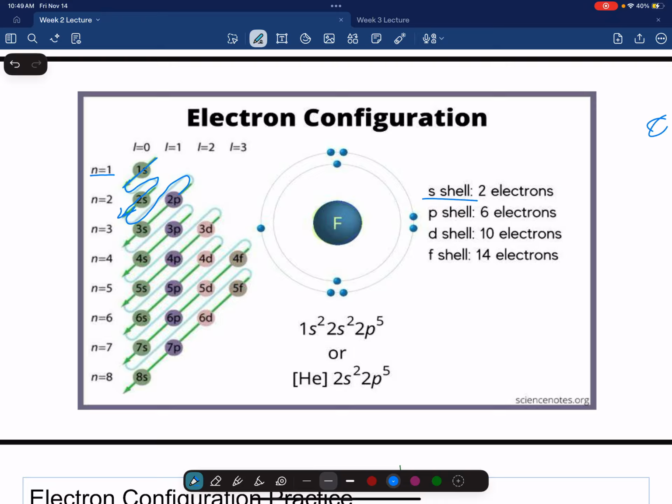When we move on, following this line, we go to the next energy level, which is 2. The second energy level has an S and a P shell. The first S shell always has 2 electrons, and then the P shell on the second energy level is always going to have 6 electrons.